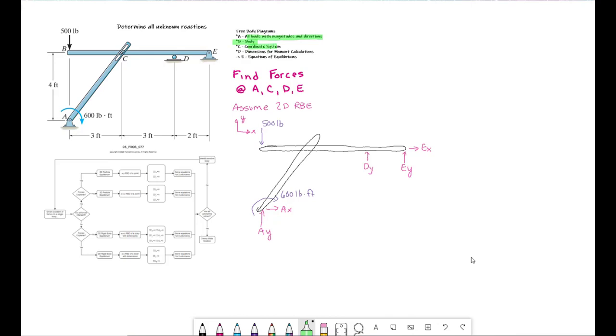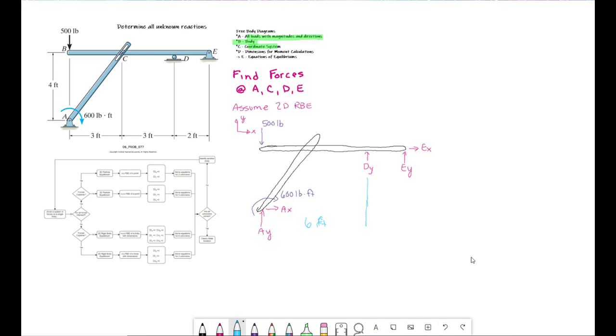The coordinate system's done. We do need to include some dimensions. If we start from A and work our way over, the dimension over to D is 3 feet, plus 3 feet. So let's fix that. That's going to be 6 feet.